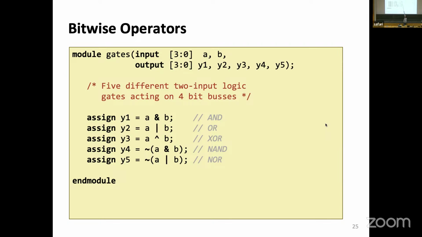And notice that at the top, I declared all of these things to be 4-bit values. So we are no longer making single-bit operations; all 4 bits of A, A3, A2, A1, A0, are being logically ANDed with 4 bits of B. So A3 is ANDed with B3, A2 with B2, A1 with B1, and A0 with B0. The second one is OR. The third one is XOR.